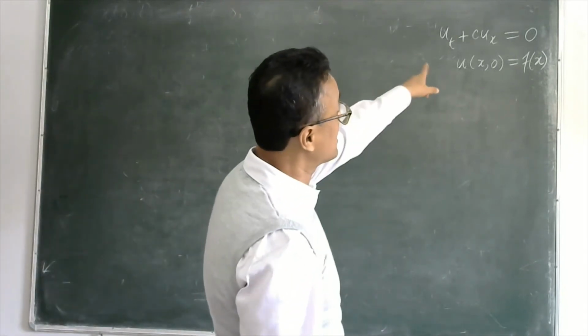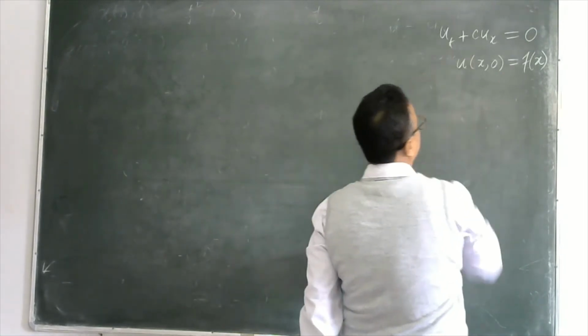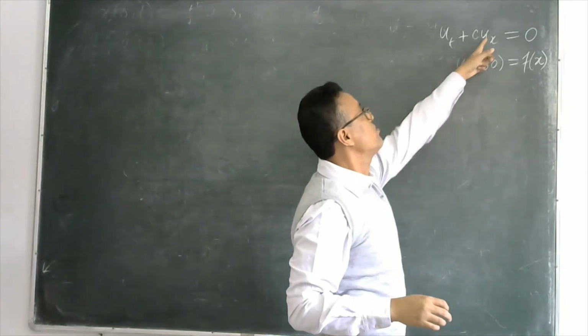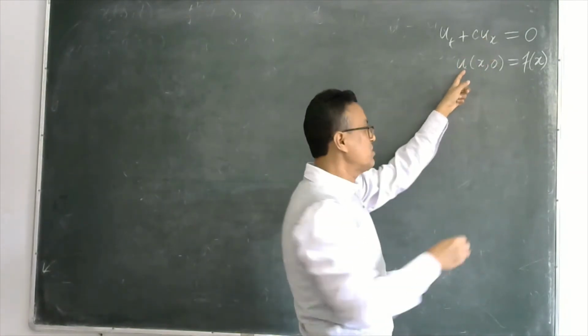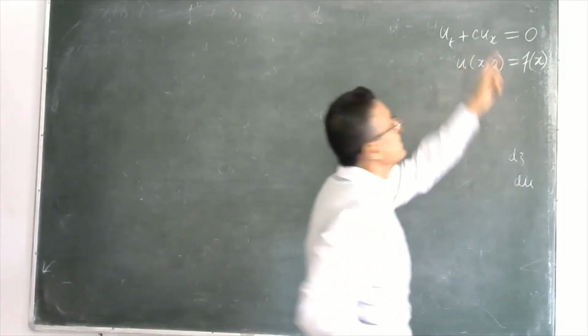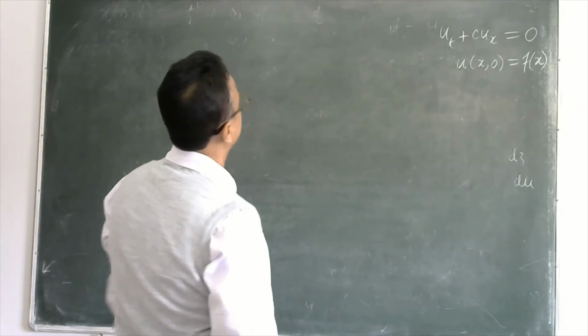Here your t is time. Remember, although the variable u is being used here, instead of dz you can use du also. I'm simply converting u into z. Don't worry about it.